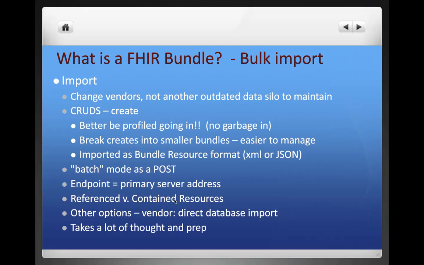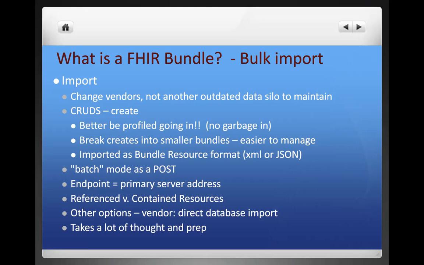In advance, before you get into that, you're going to need to know whether or not you're going to do referenced or contained resources. If it's a FHIR server, you should be doing referenced resources, because that's kind of the point of FHIR, that we normalize everything. We'll get into what referenced and contained are in just a minute, but if you're doing referenced resources, you need to do them in the proper order.